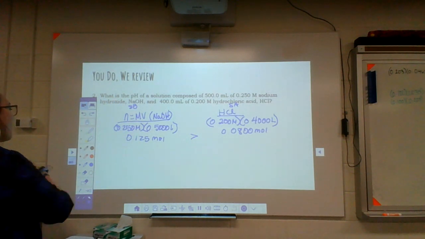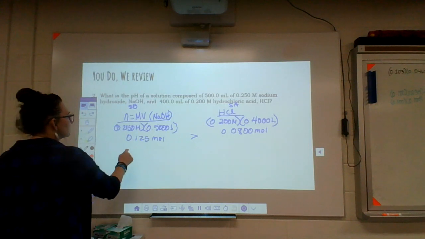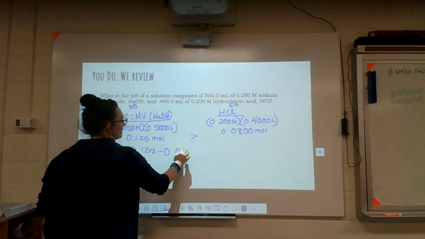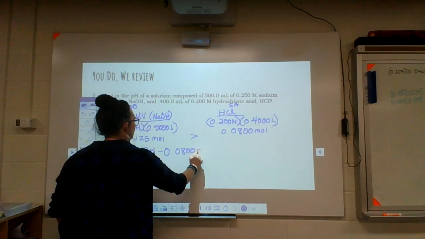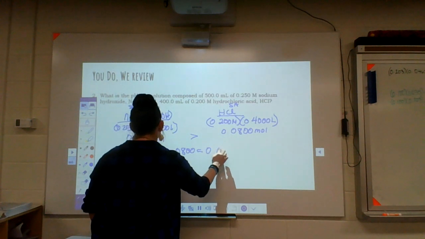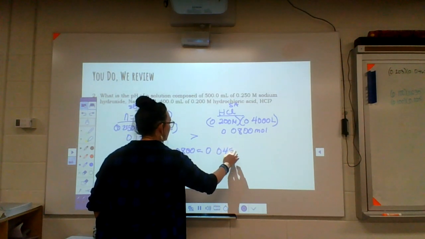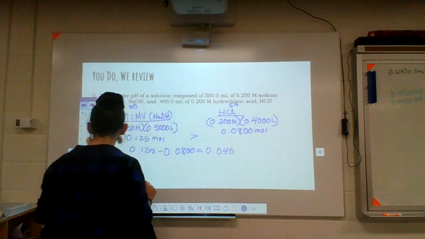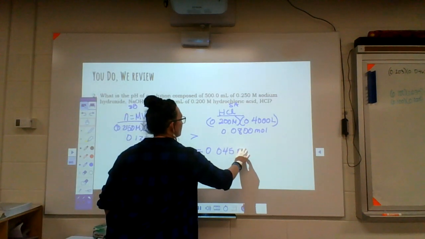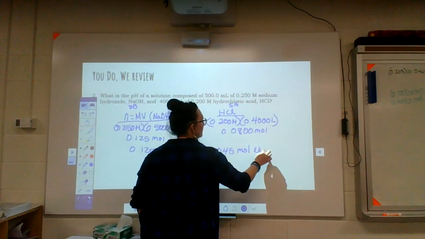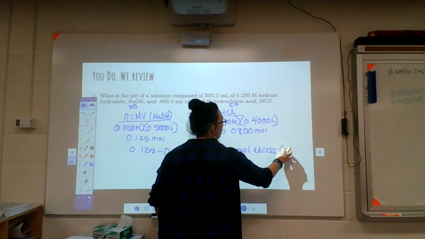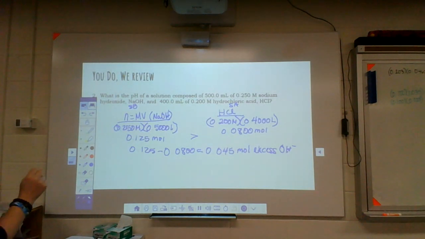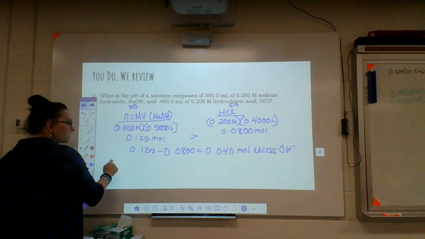And so I'm going to calculate my excess NaOH. So 0.125 minus 0.0800 gives me 0.0450 moles of excess hydroxide. So now I need to calculate the concentration of the hydroxide.